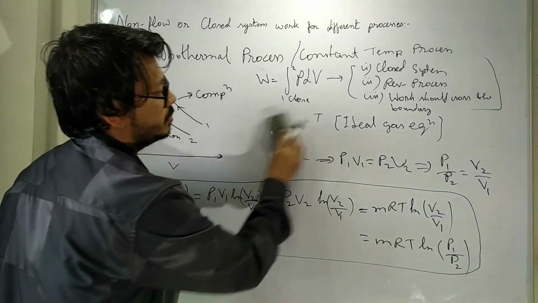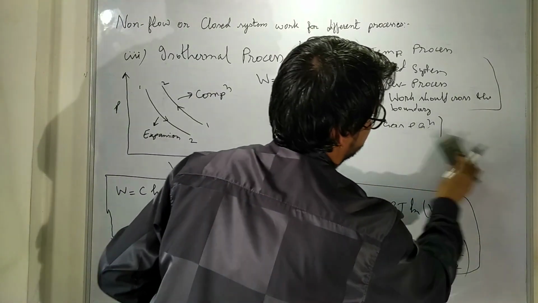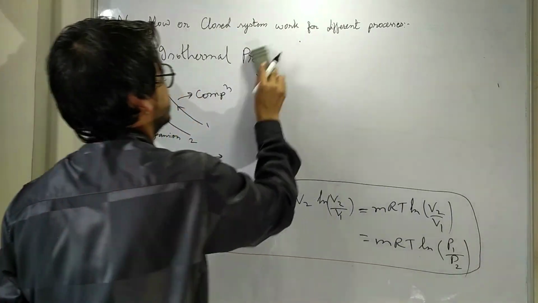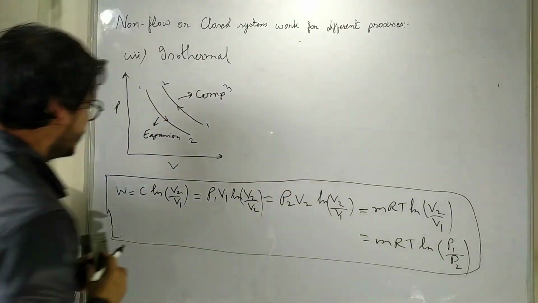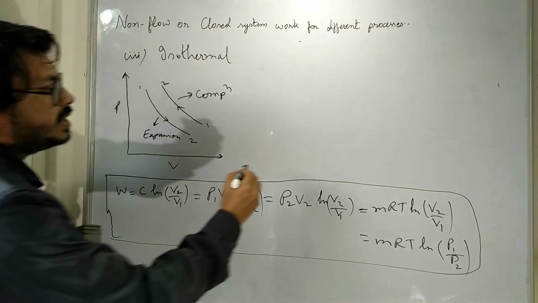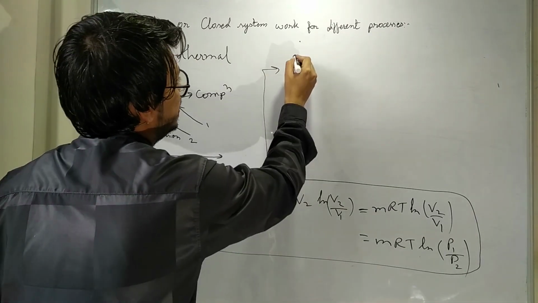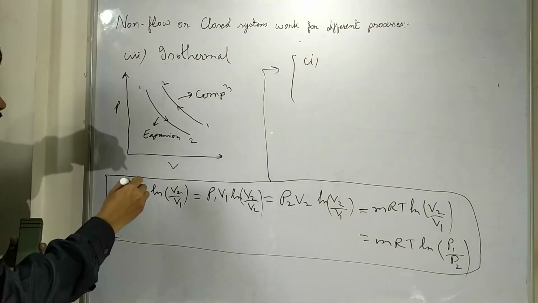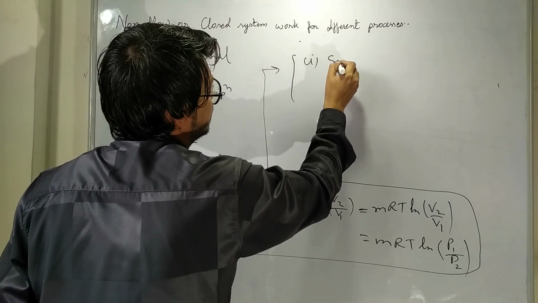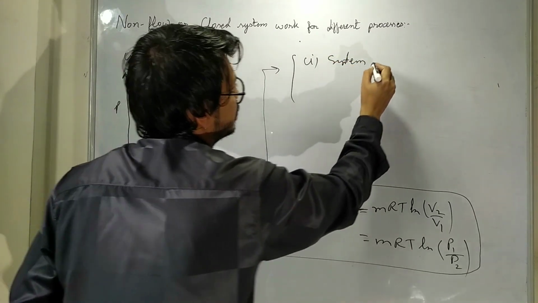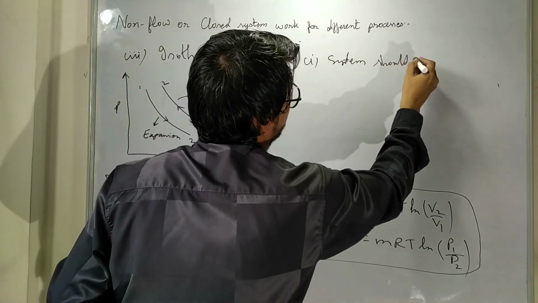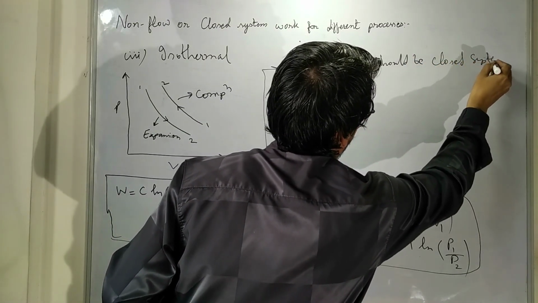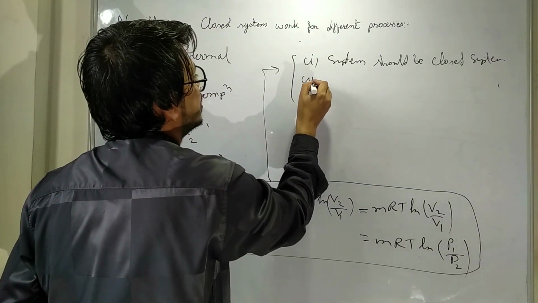Now for this equation there are assumptions. The first one is, because this is derived from the equation W equals integration of P dV, the system should be a closed system. Process must be a reversible process.